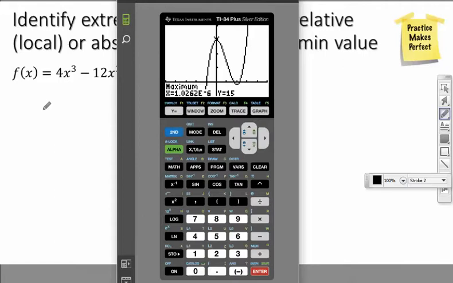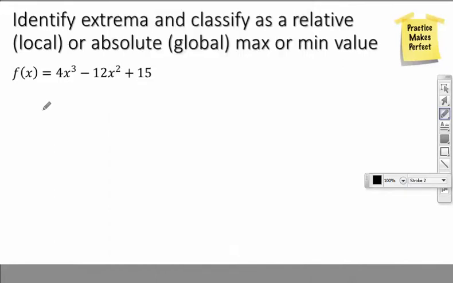So the way that you're going to write this, I've lost my pen, there it is. Local max at 15.